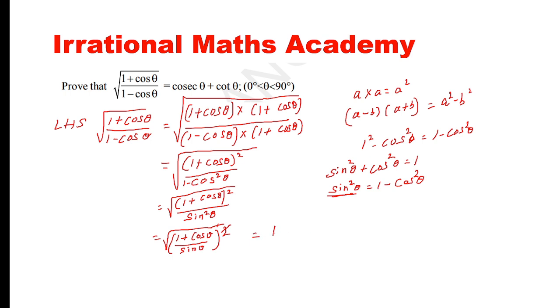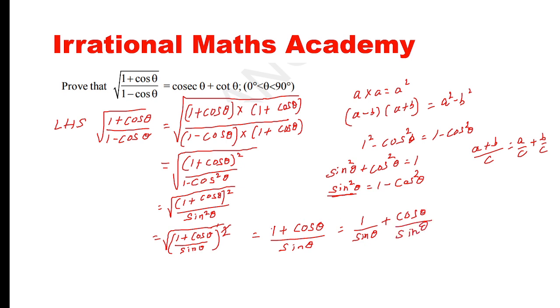I'll be left with 1 plus cos theta by sine theta. So what can you write here? A plus B by C, we can write as A by C plus B by C. Here also we can write it as 1 by sine theta plus cos theta by sine theta.